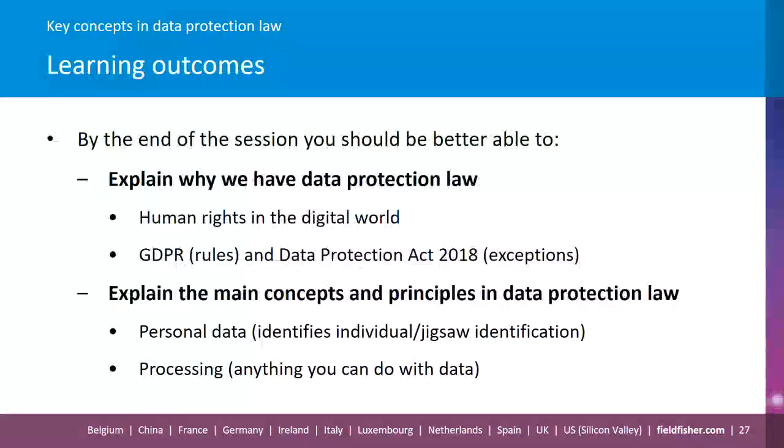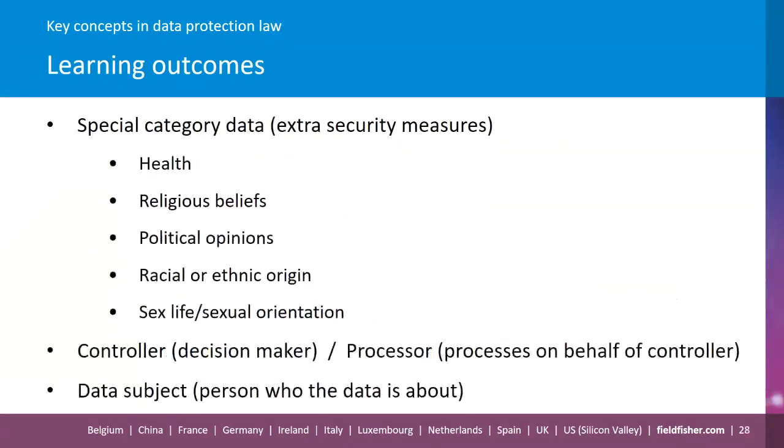Those are also personal data and they need to be protected under the legislation. We talked about processing, which is basically anything that you can do with data. We talked about special category data that has extra security, which is kept extra secure in the legislation. So that's data about health, religious beliefs, political opinions, racial, ethnic origin, or sex life or sexual orientation.